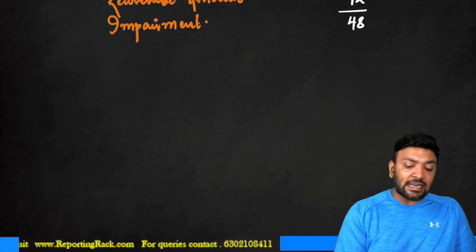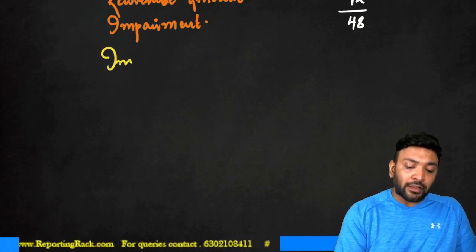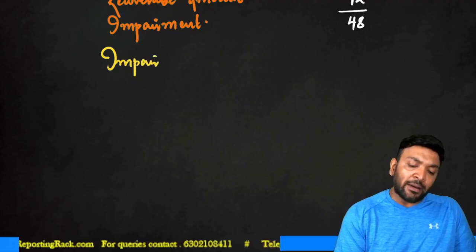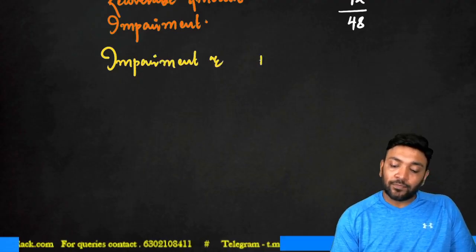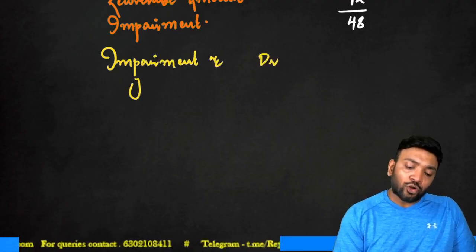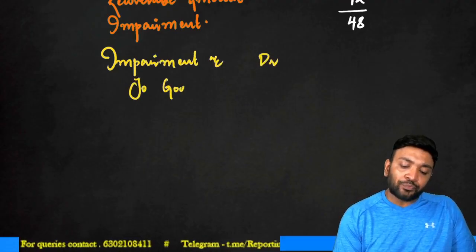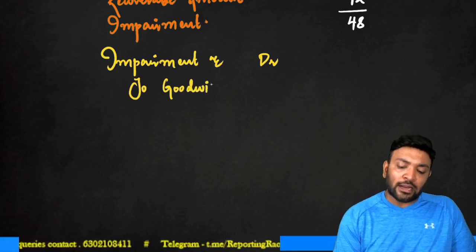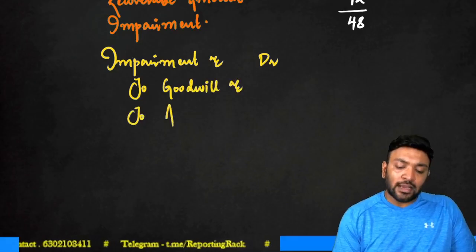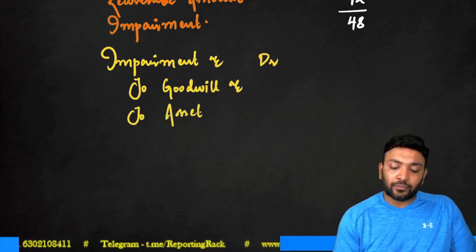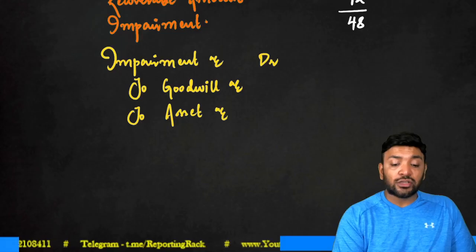In such cases, I'll write an entry like this. Impairment account debit, to the value of goodwill allocated to the asset, to asset. How much?